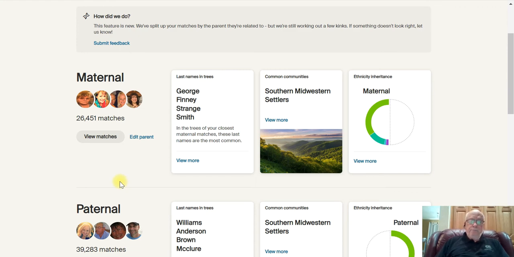So the tree matching, let's say this person here who's related to me, if their tree is filled out properly with ancestors going back 8 or 9 generations or whatever, Ancestry will match those trees against my trees and give me very definitive information about where the connection is, which ancestor we share.